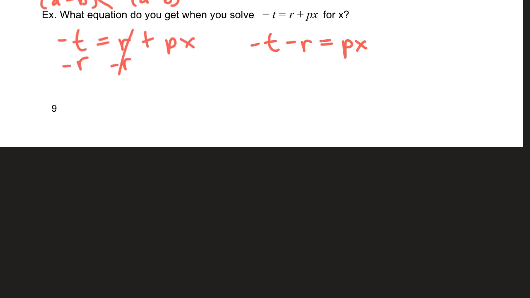From there, I want you to think about how you'd get rid of the p there. The way I read this is p times x. So the way I would get rid of p is I would divide both sides, and I would divide this entire side by p, okay? Because when you divide something on either side, you're dividing both sides, the entire side, by that number. So in the end, I get x equals negative t minus r over p.